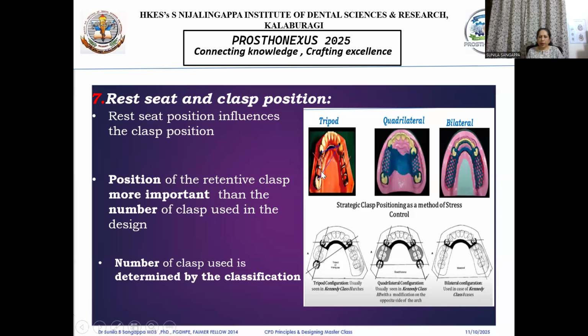We still go ahead with the tripod configuration itself, though it is not as effective as the quadrilateral. And what happens in case of a class 1 situation? We have the bilateral configuration where we place our rest and the clasp on the tooth that is adjacent to the edentulous span.